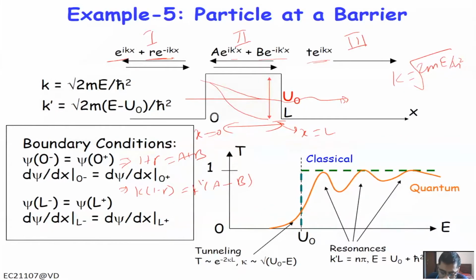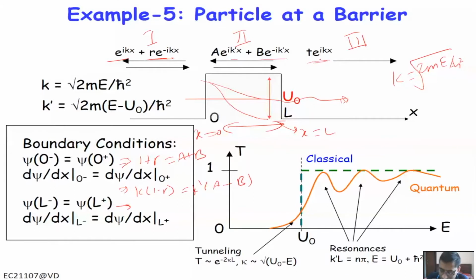And at x equal to L, you can write A times e to the power iota k prime L plus B times e to the power minus iota k prime L is equal to T times e to the power iota kL. And for the derivative, you have k prime here: k prime times (A times e to the power iota k prime L minus B times e to the power minus iota k prime L) equals k times T times e to the power iota kL.